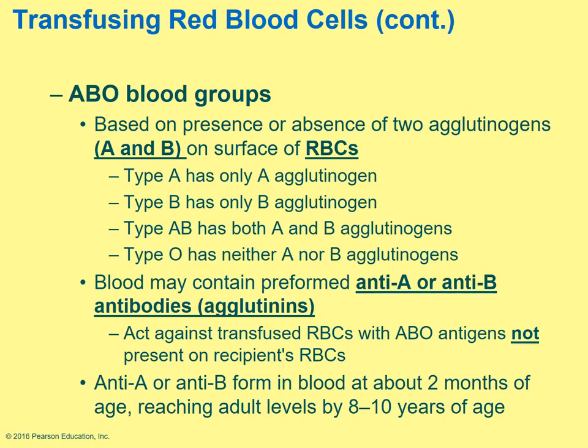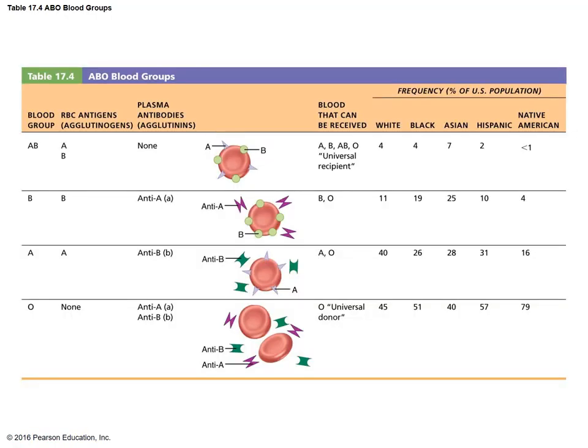The anti-A and anti-B antibodies form in the blood by about 2 months of age, and then slowly increase, and by about 8 to 10 months you'll have them.